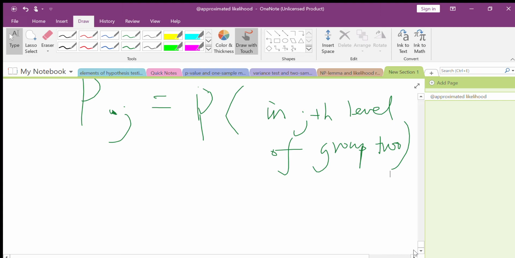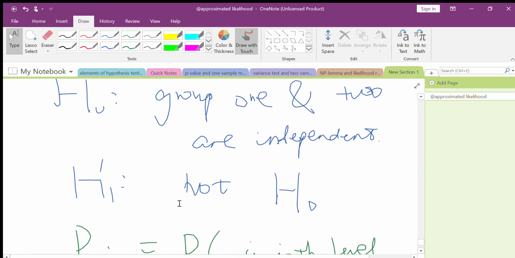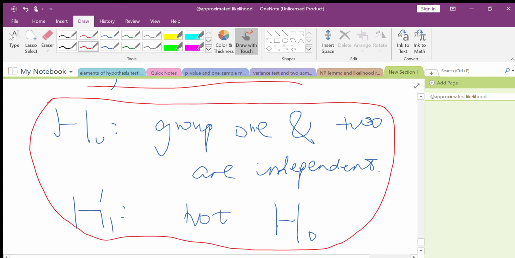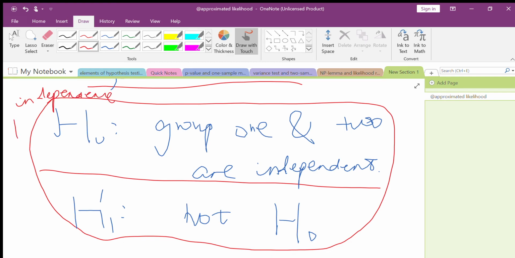So we also need to rewrite H null. H null is that group 1 and 2 are independent. This is called the independence test.